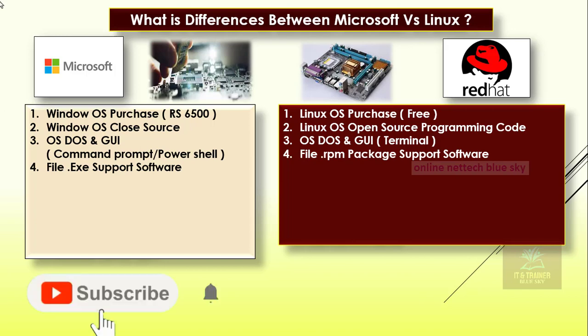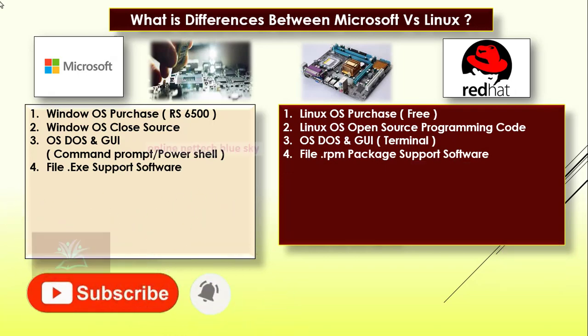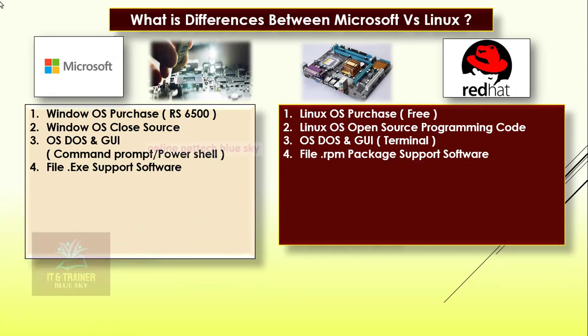Okay, not exe. I will show you one by one how to install an RPM package, how to start an RPM package, and how many types of software you can use inside the Linux operating system. I will show you in Red Hat Linux, the same as in Microsoft, how an RPM package supports software. Okay, so this is one type of different file software available on the internet, and RPM packages support your software.